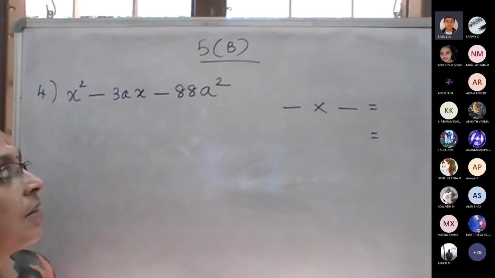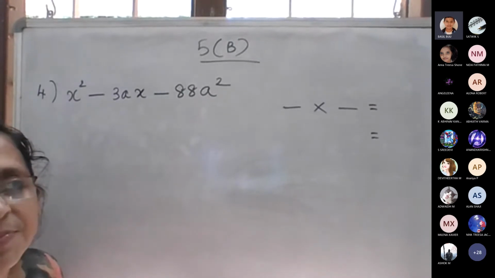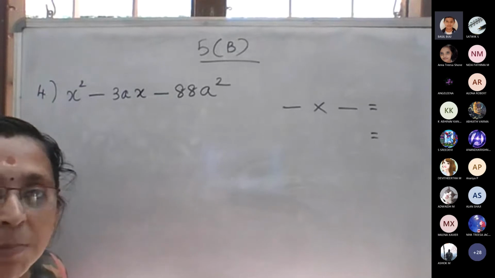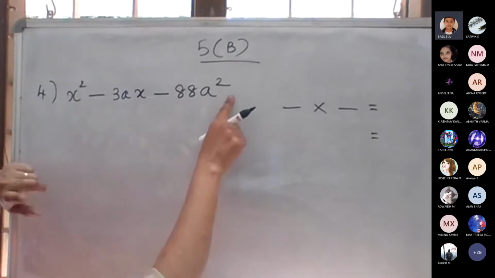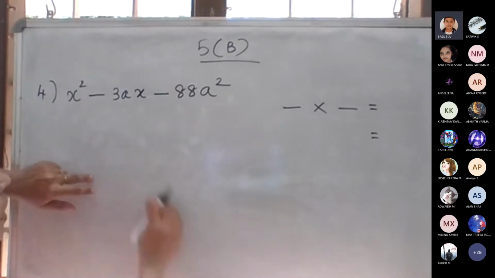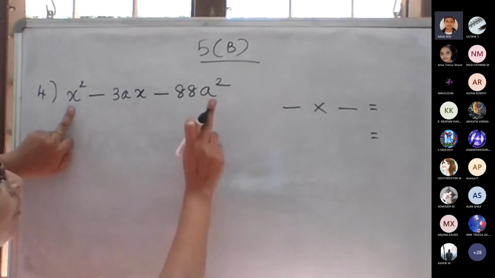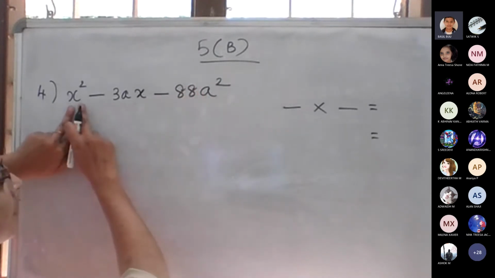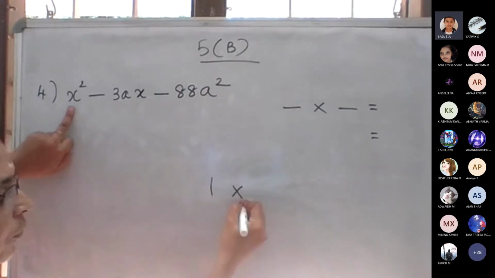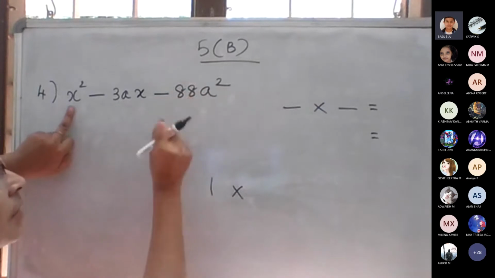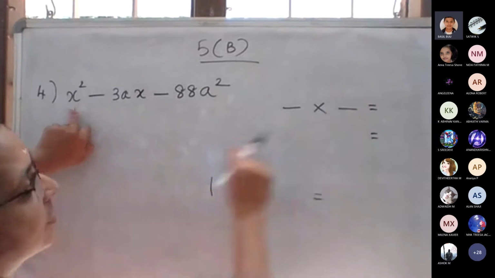Without x means the last term, the constant term. Is there any x here? No, ma'am. Here x square, here x, then without x. So what will we do? The coefficient of the first term, that is x square, 1, into the last term without x. That will be our dash into dash.